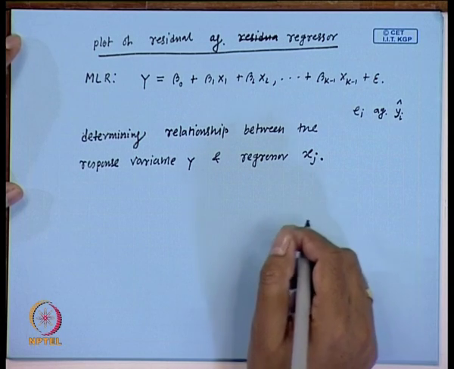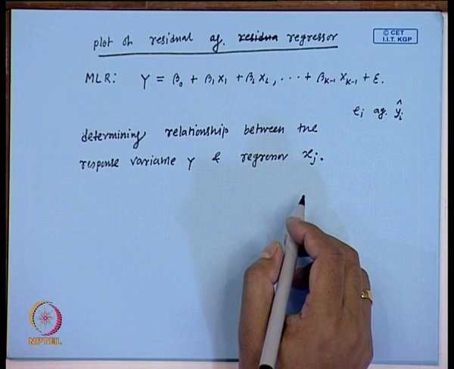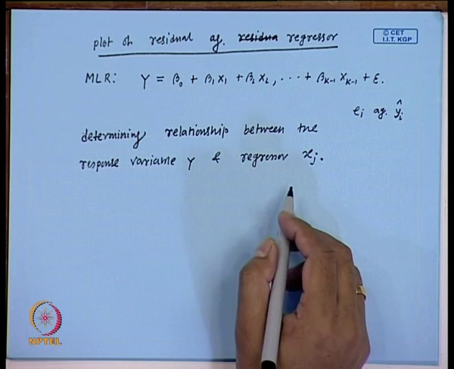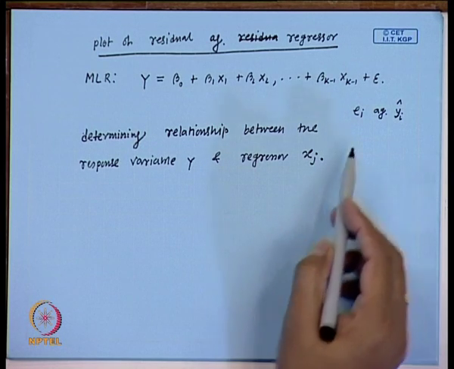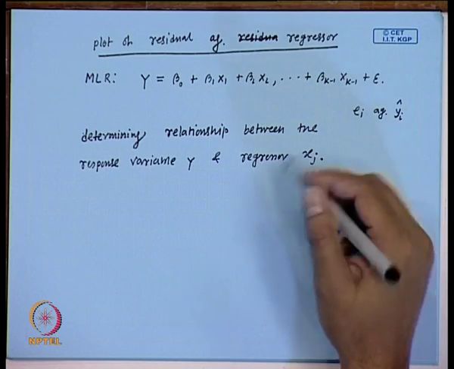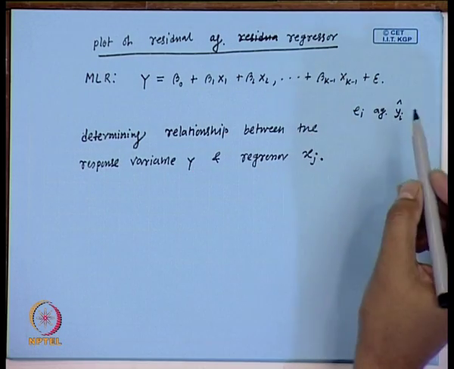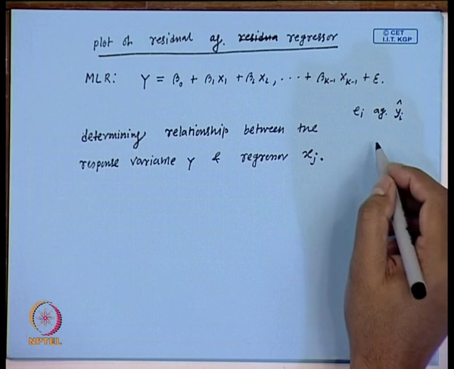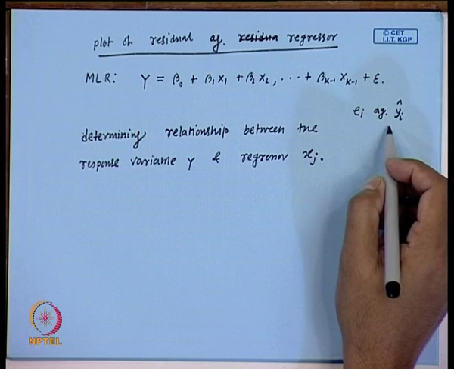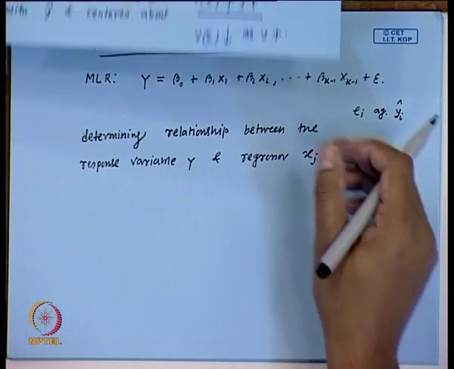The pattern of the plots here is very similar to the pattern in the case of residual versus yi hat.